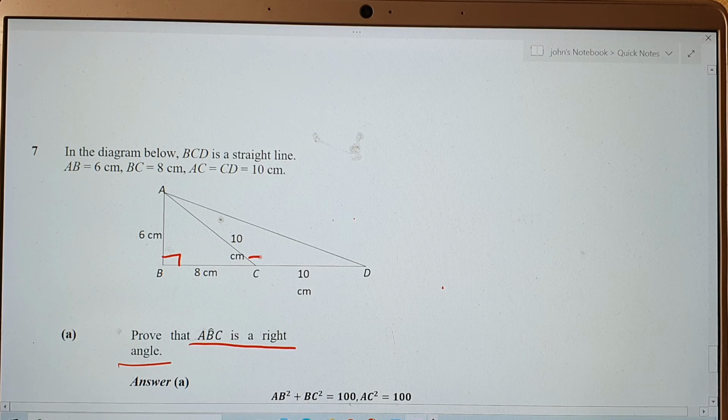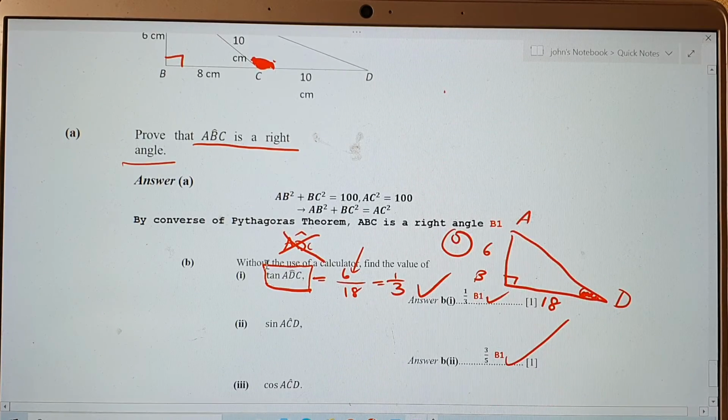Oh dear, big trouble. Can I use cosine rule? I cannot use cosine rule because I only know this, but I don't know this. And then I don't know this also, so I cannot use cosine rule. In any case, you cannot use cosine rule, sine rule in this kind of question because they say without using a calculator. That means cannot use a calculator.